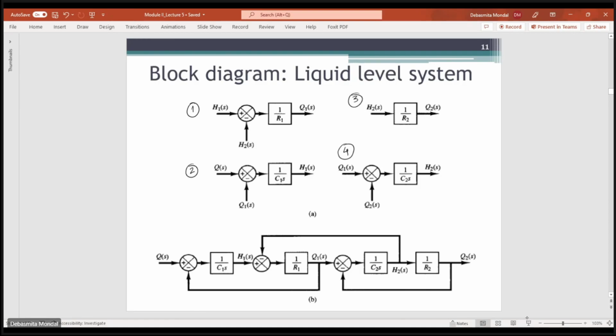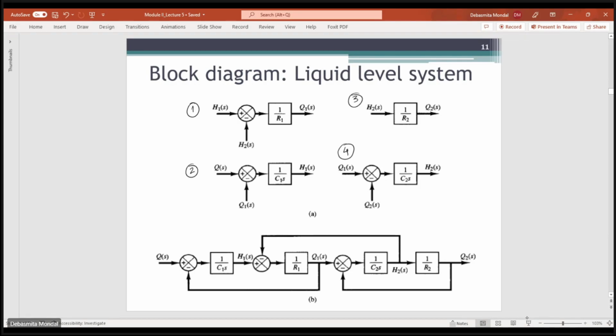Similarly, this Q1S is going as an input to the 4th block. So you have this block over here. You have 1 by C2S over here and the output is H2S. Similarly, H2S is the input for this block, so it will come at last. So you have H2 into 1 by R2 and the output is Q2.